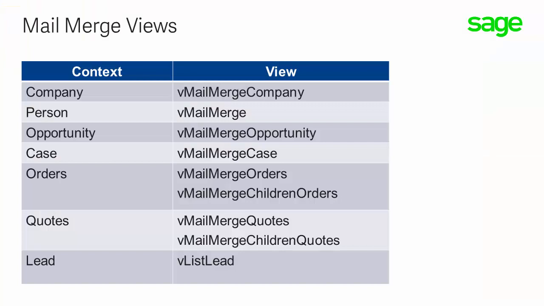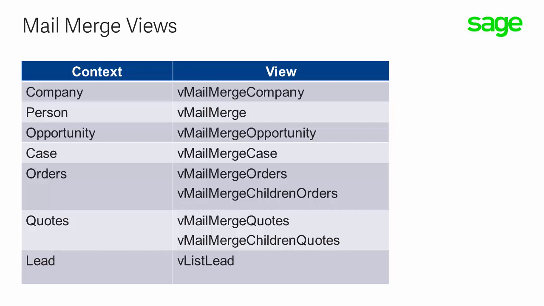But in reality, you do have to change certain views. And I've mentioned here the vMailMerge view, but you might also want to change the view that is used for all of the mail merge features of Sage CRM.